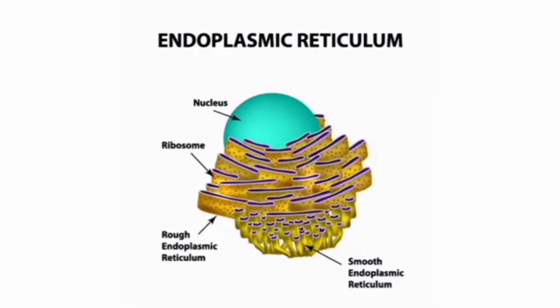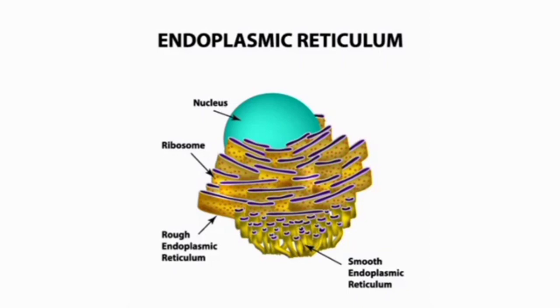Next is endoplasmic reticulum. Endoplasmic reticulum is a large network of membrane-bound tubes and sheets. It extends from the outer nuclear membrane into the cytoplasm. It looks like long tubules, round and oblong bags. Depending upon the nature of its membrane, endoplasmic reticulum is of two types. Number one, rough endoplasmic reticulum, and the second one is smooth endoplasmic reticulum.